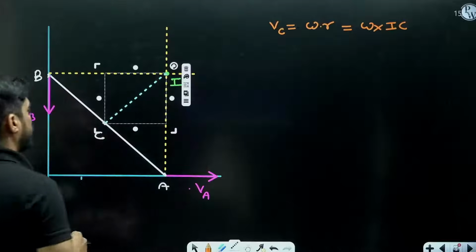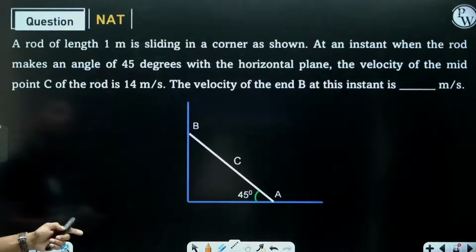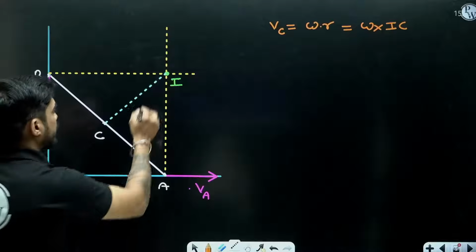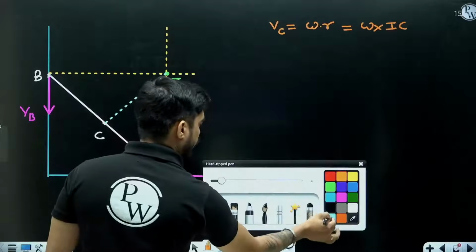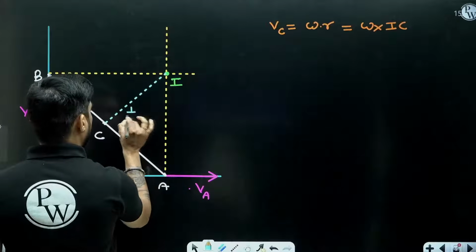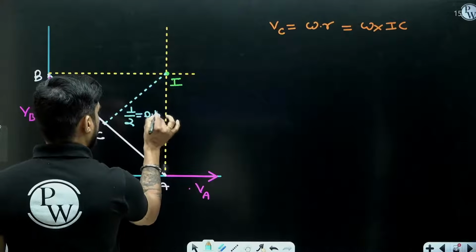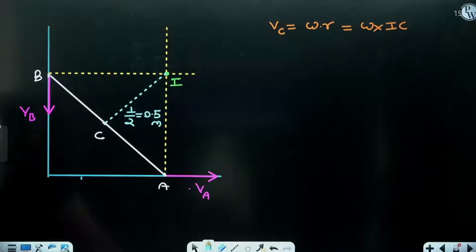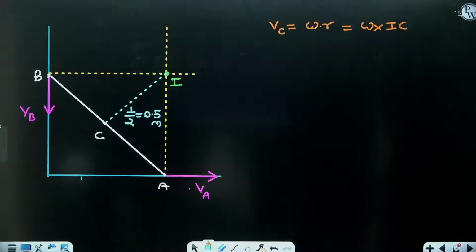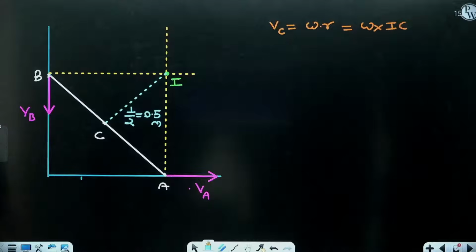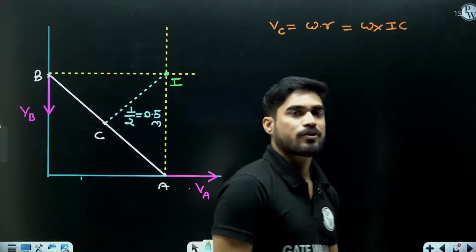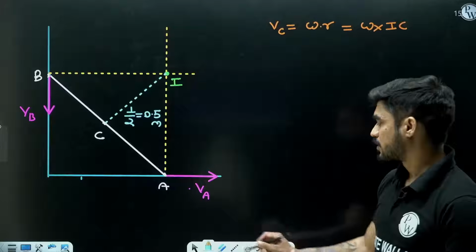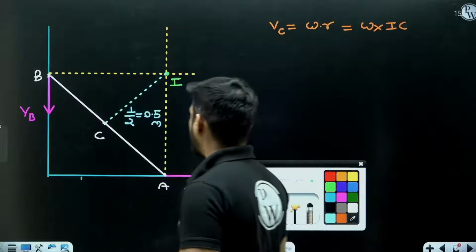If the length of this rod is 1 meter, then the distance of this point from the center will be half of 1 meter. Okay, this is a very important concept of geometry. Why I am asking you to remember this is because you will find these types of questions quite a lot of times. Okay, they are very frequently asked, so it is better to remember this. Okay, you can prove this. How you can prove this?